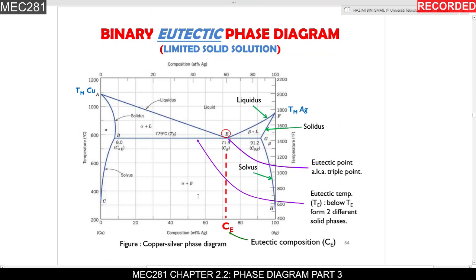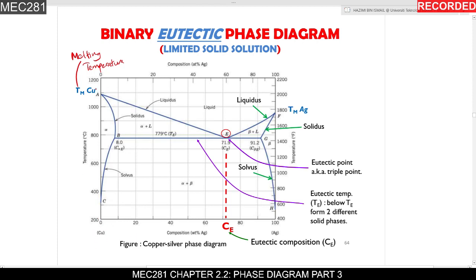So the other things are quite similar to the no solid solutions. For this point right now we call it TM. What is the TM? Here is the melting temperature. For what element? For the element here. So in this phase diagram, we have the copper.